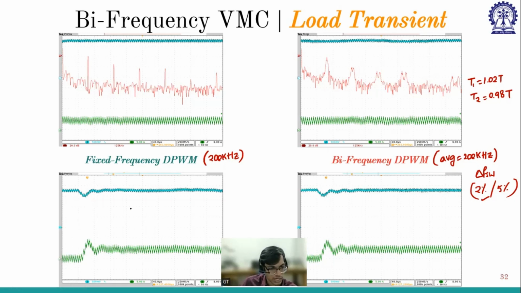So now if you consider here, this is the FFT, which will give the harmonics and the frequency components. And this is the FFT for bifrequency.